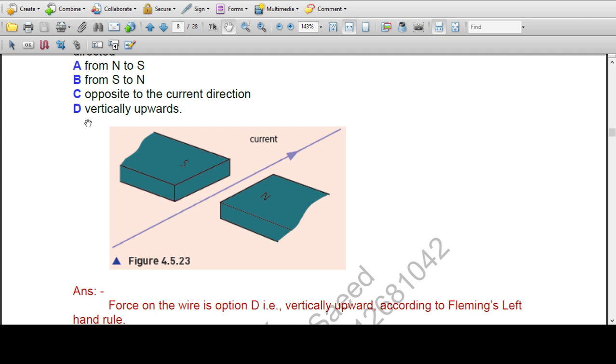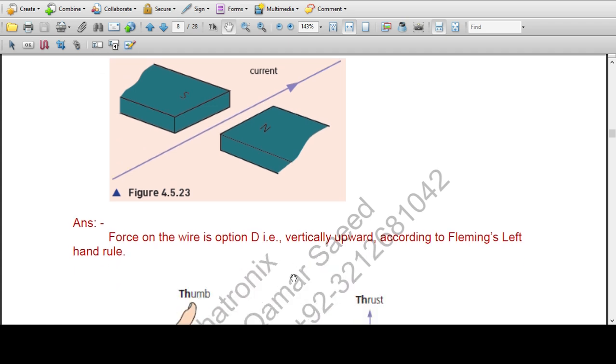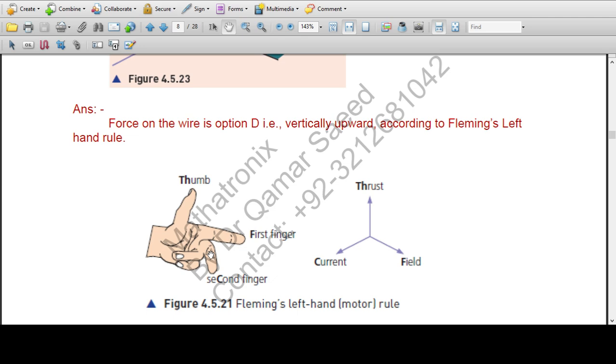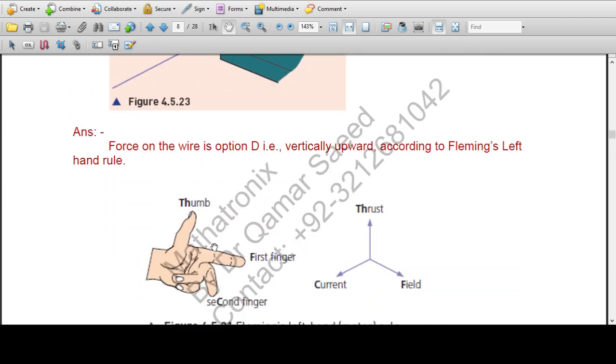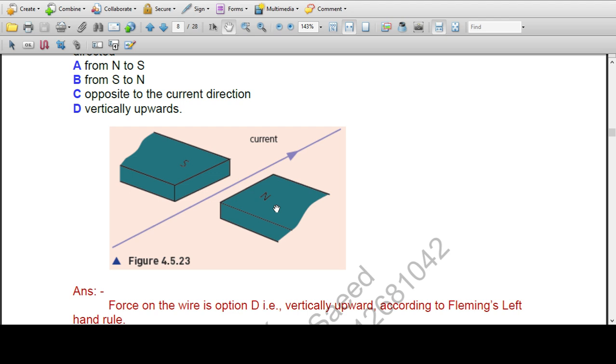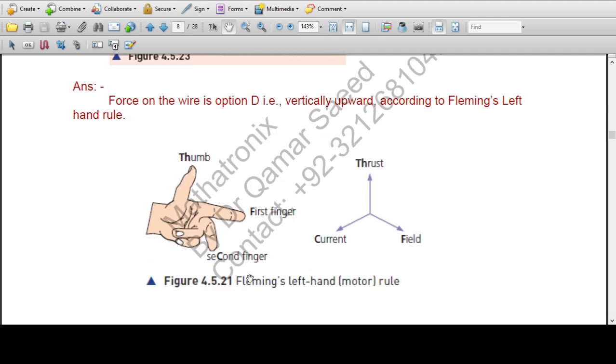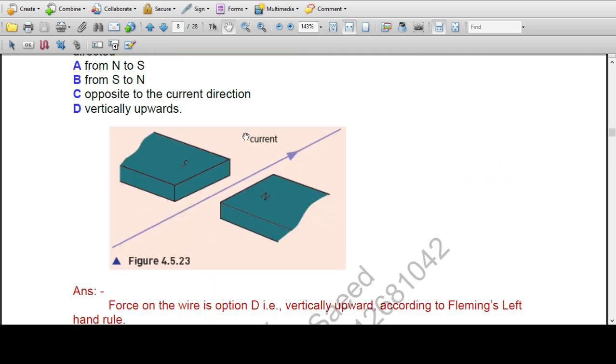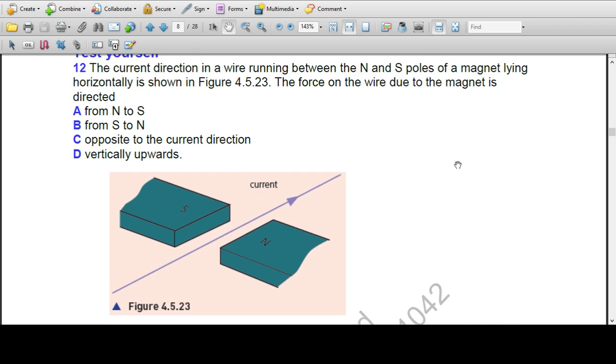If we use the left hand like this, the first finger will point the field, the second finger will point the direction of the current, while the thumb will show upward. That is why the force is exerted vertically upward.